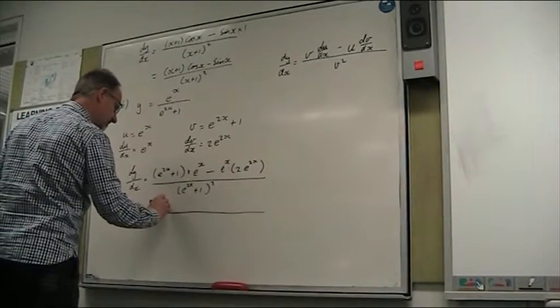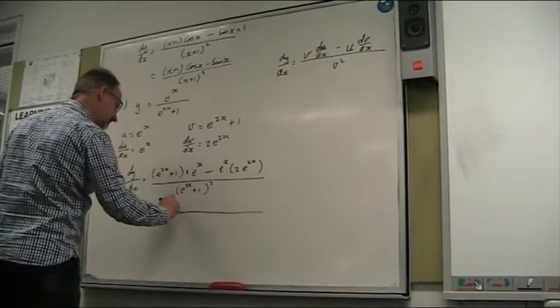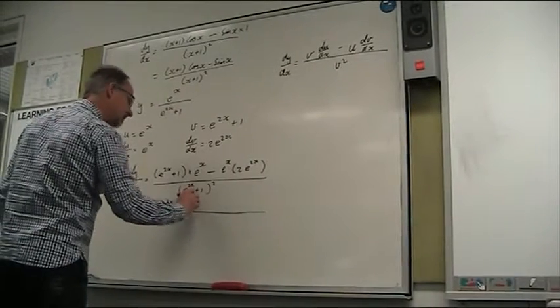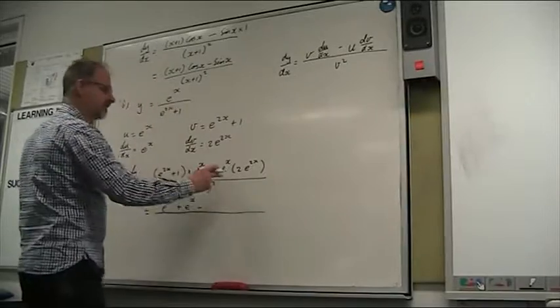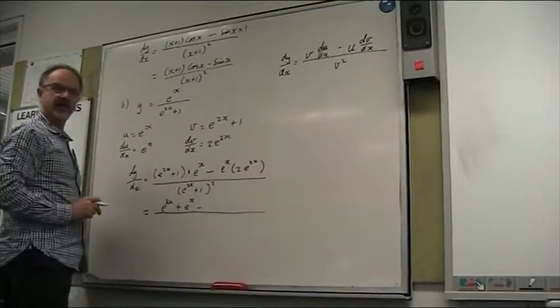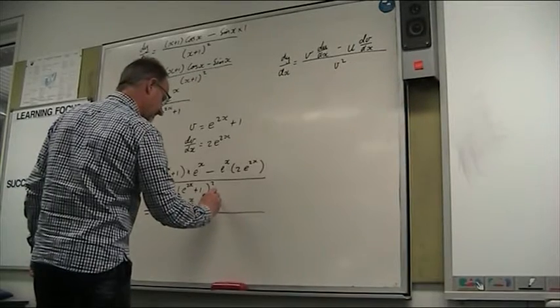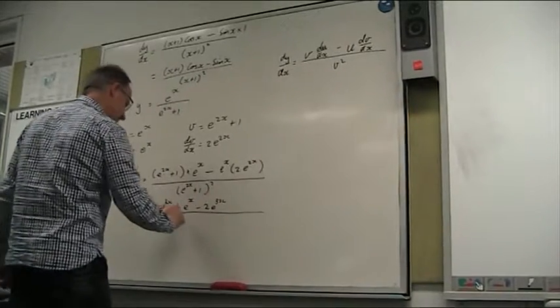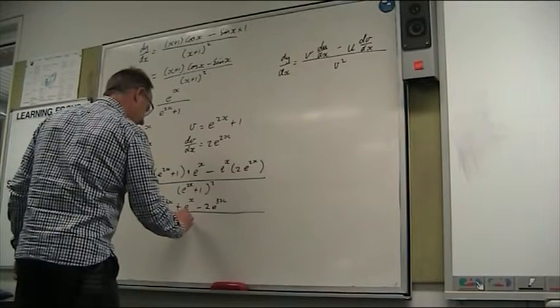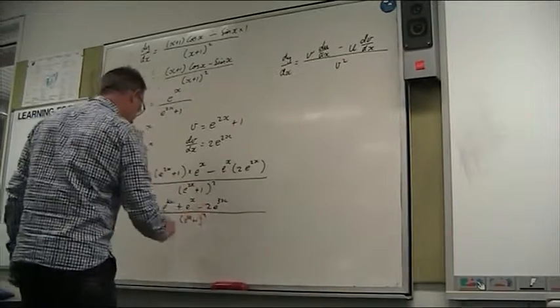So 2x plus 1x is 3x, plus e to the x minus, when we expand that, multiply that into there, we get 2e to the 3x over e to the 2x plus 1 squared.